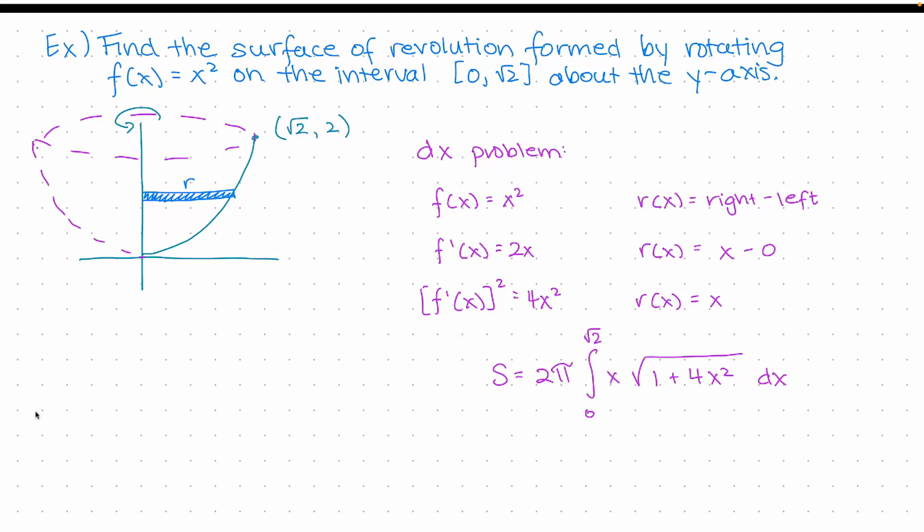All right. So what I'm actually going to do, I'm not going to do the pi. I'm going to save the pi out because this actually ends up being a pretty nice fraction. I just forget what it is. So I'm going to do 2 math 9 from 0 to root 2 of x times the square root of 1 plus 4x squared dx.